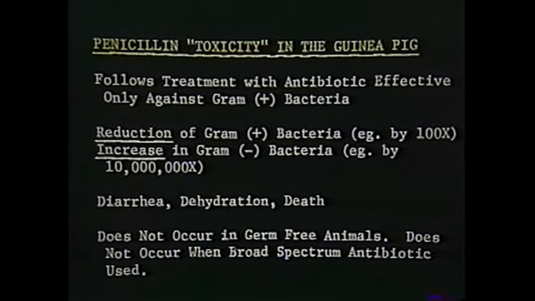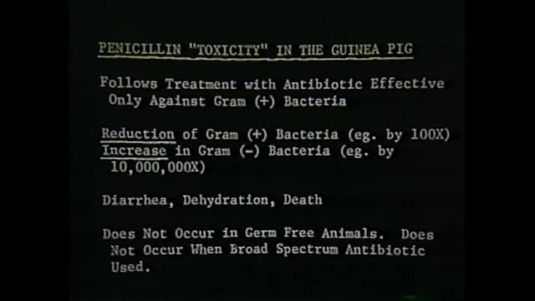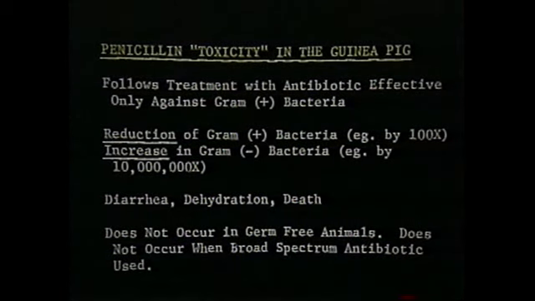And of course, one other classic cause of acute enteritis in guinea pigs is so-called penicillin toxicity, which follows treatment with an antibiotic that's relatively narrow spectrum, in this case against gram-positive organisms, resulting in a marked dysbacteriosis.